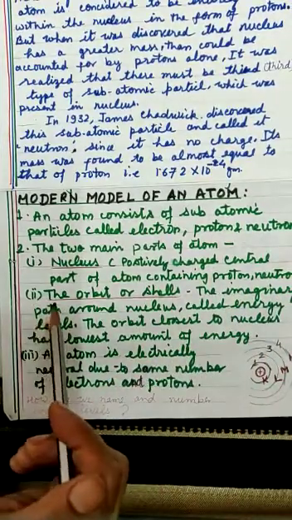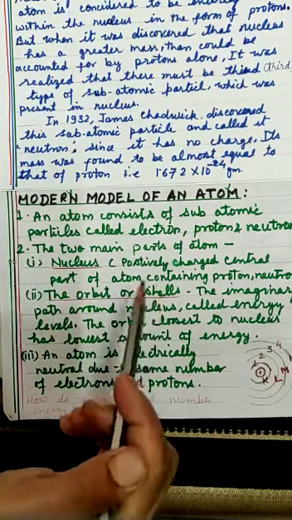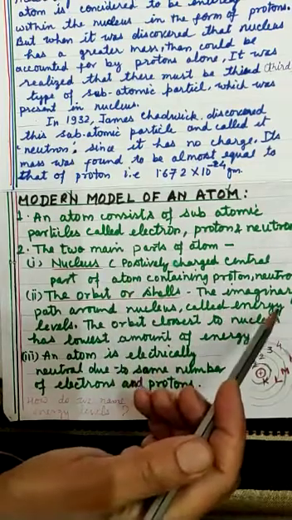Then the second point is that the orbit or the shell is the second part of the atom.